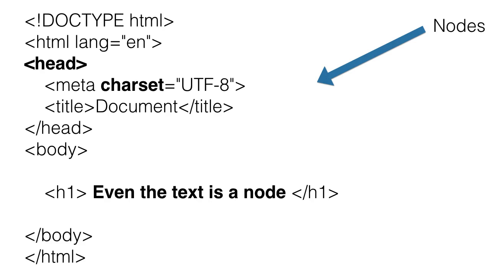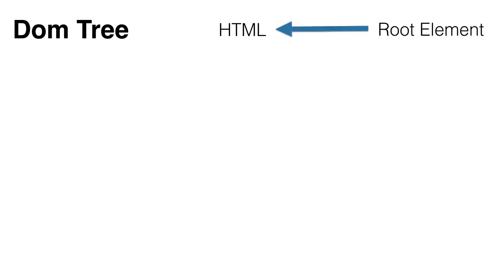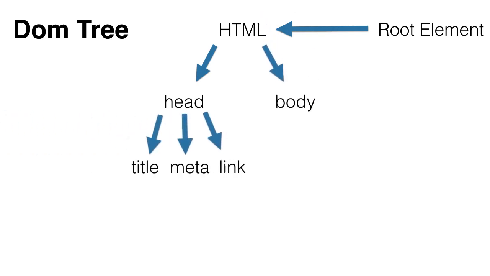So let's look at the DOM tree. This is what they call the DOM tree, so every time you hear that, this is what it is. We first have an HTML document, which is called the root element. This is where everything starts. The root element, the HTML element, has children, and most of the time the children are going to be the head and the body, and the body and the head will also have children.